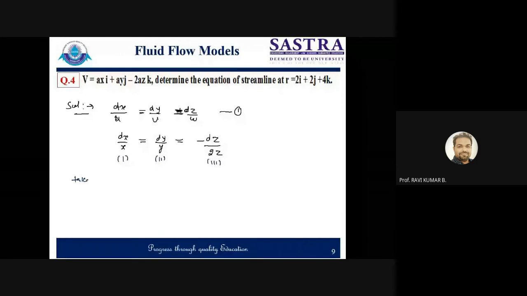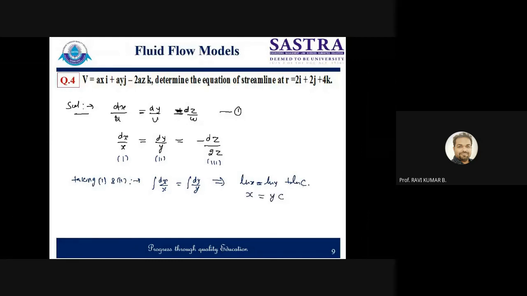So take the first case, taking 1 and 2, you solve this. Just integration, right? So dx by x is equal to dy by y. If you just solve this, you get ln of x is equal to ln of y plus ln of c. Taking this side and doing some arrangement, you can say x is equal to y times a constant, call it constant one.